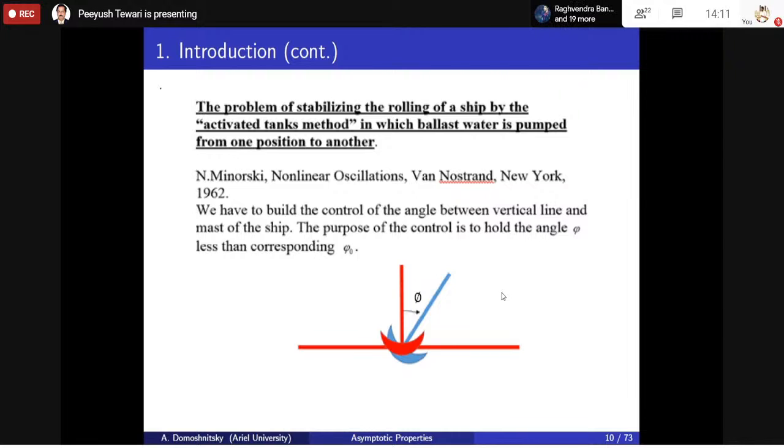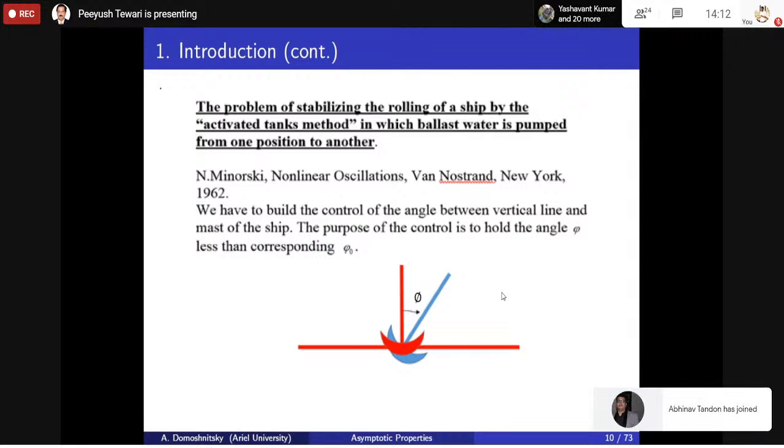We have a vertical line, the mast, and waves from the sides start the corresponding rolling motion of the ship, and we have to guarantee that the angle phi is smaller than the corresponding phi 0.